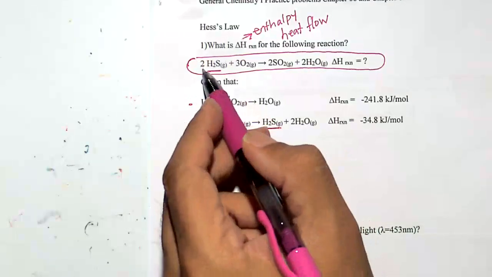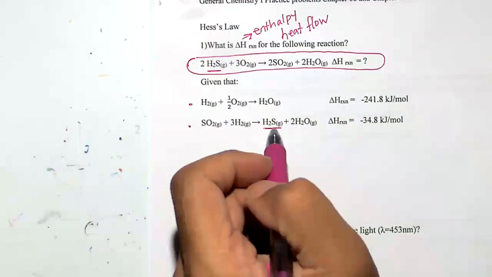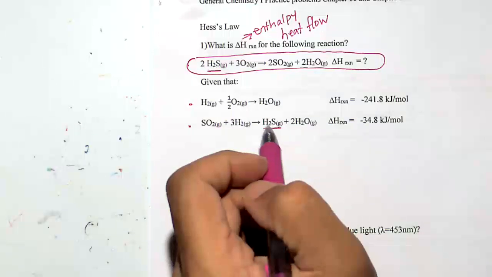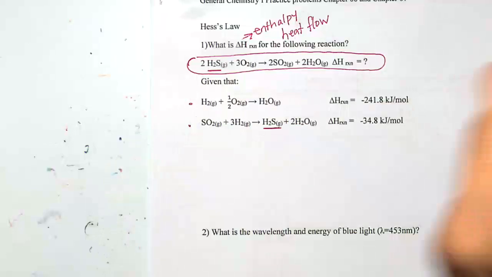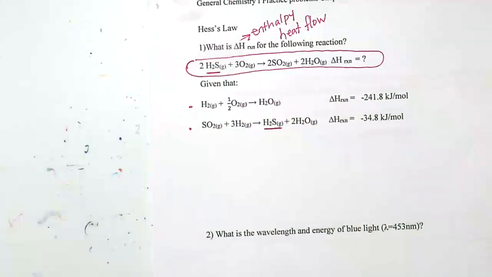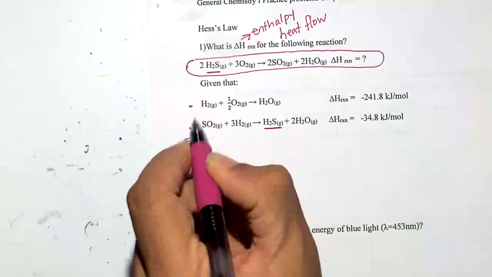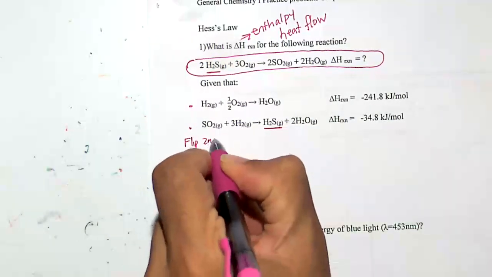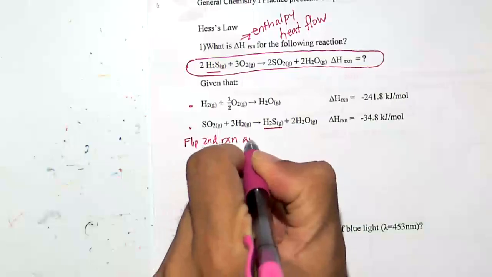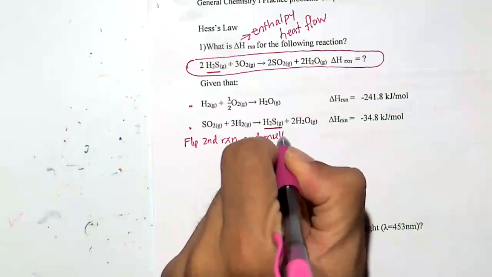And not only that, here in my net, I have two. So what do I need to do here? I not only need to flip this to get it on the reactant side, but what else do I need to multiply it by? So let's flip the second reaction and multiply by 2.